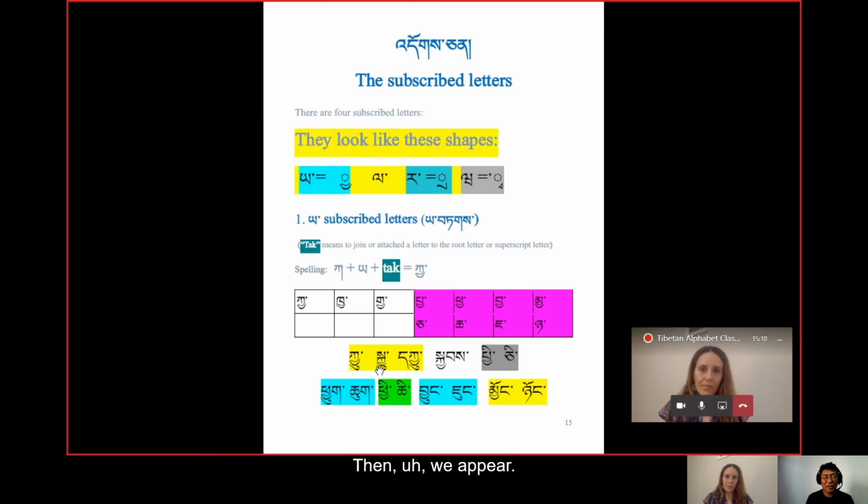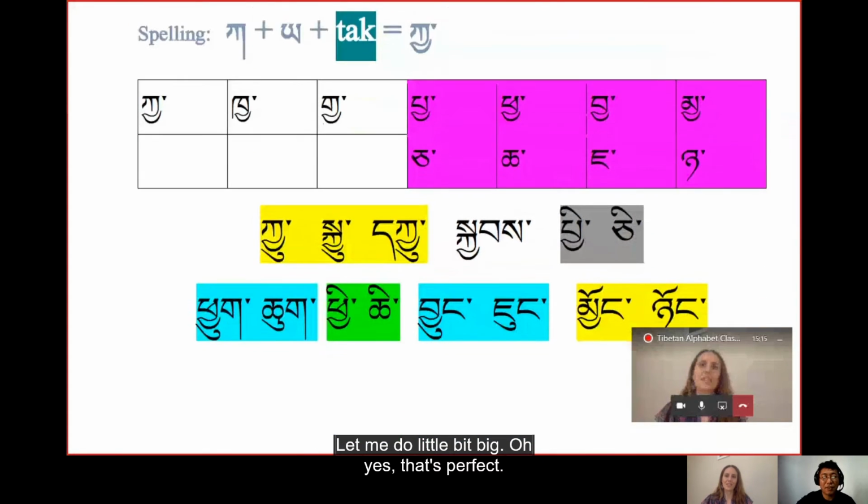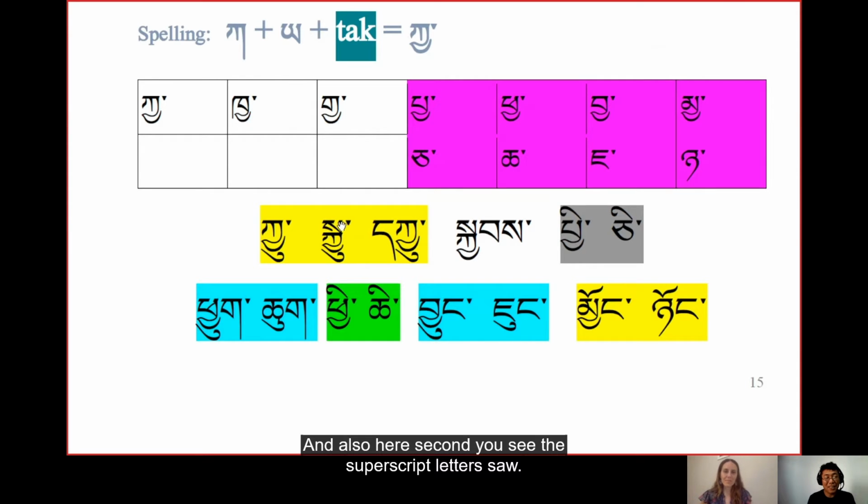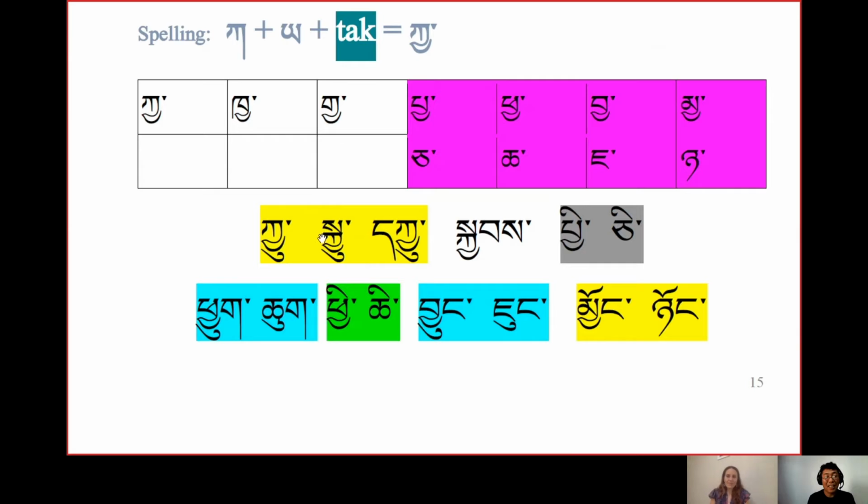And then we have here. Let me do it a little bit bigger. Oh yes, that's perfect. And then let's do some practice. You see here root letter ka, and then we have yata here, today's lesson, and then we have the vowel shabju, right? And also here, second, we see the superscript letter sa, and then ka, and then the yata, and then we have shabju.